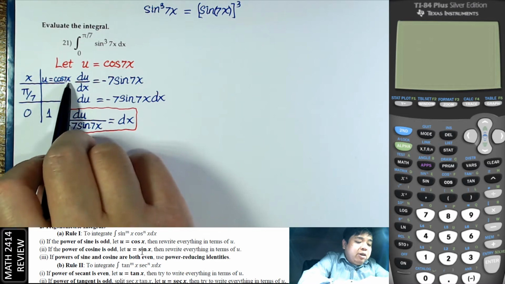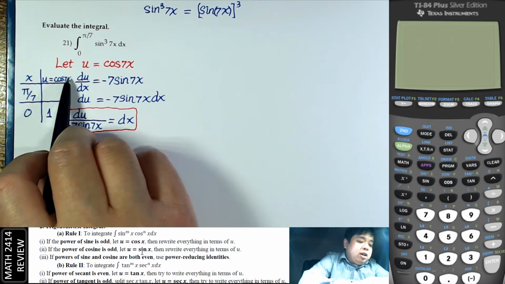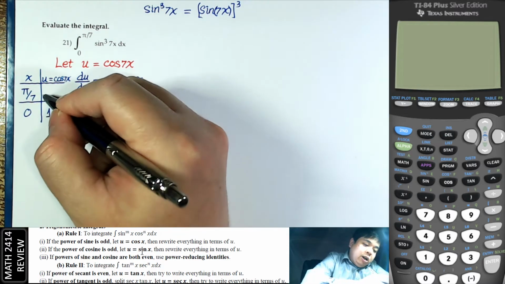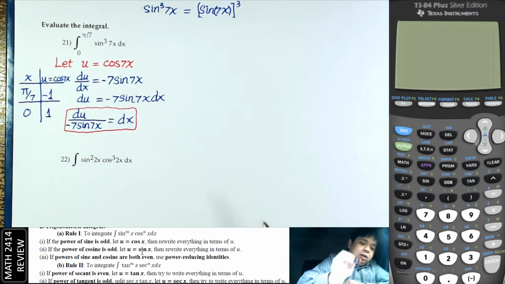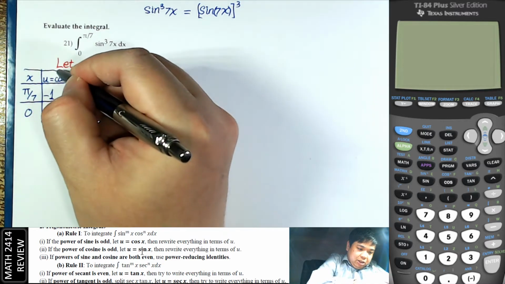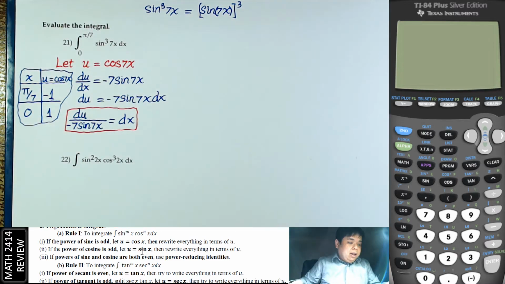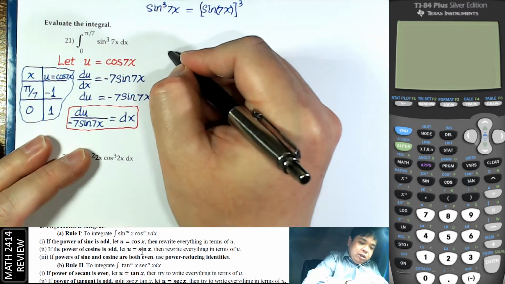When x is equal to pi over 7, substitute in here, 7 and 7 cancel out, cosine of pi, which is negative 1. So we have the change of limit as that. Now it's ready for the substitution.